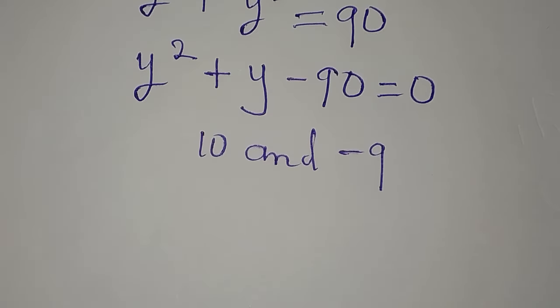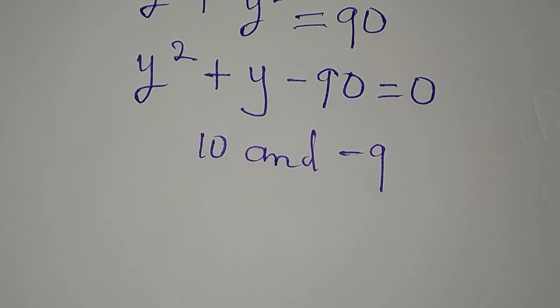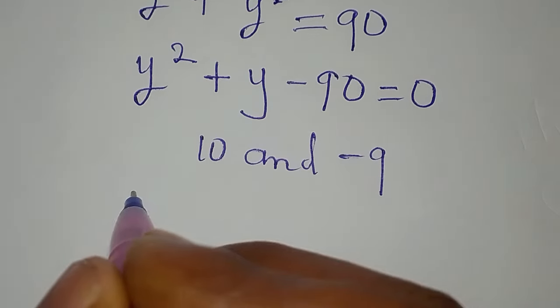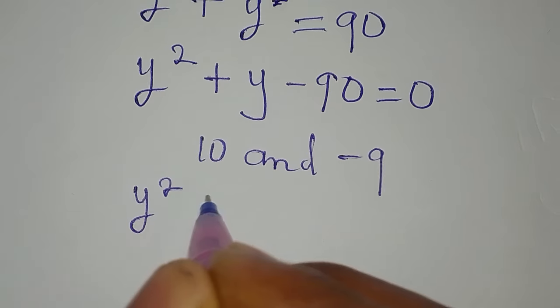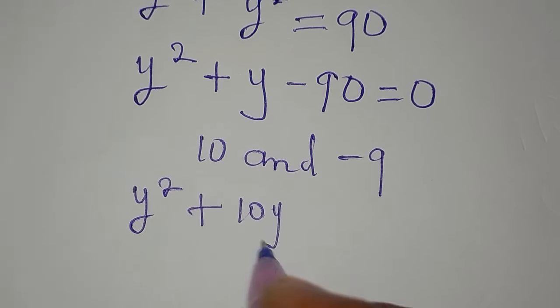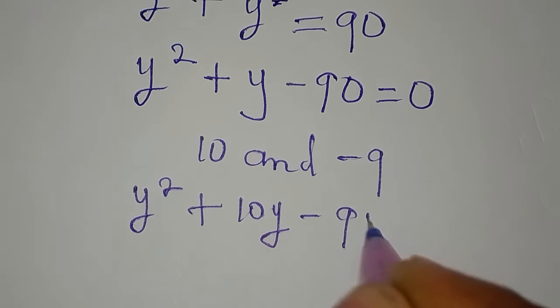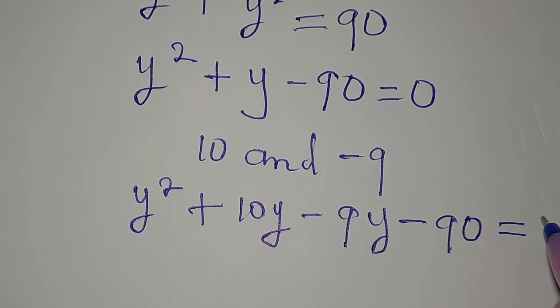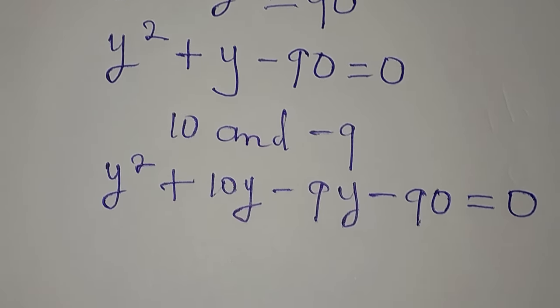So in place of the middle term, now let's go through all the steps. We write y squared plus 10y minus 9y, then we have our minus 90, equated to 0.